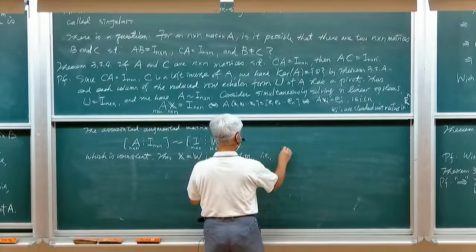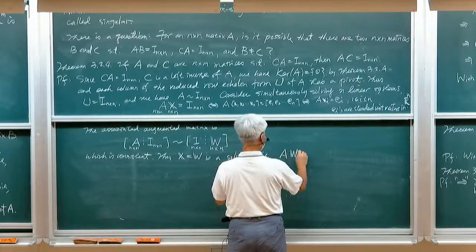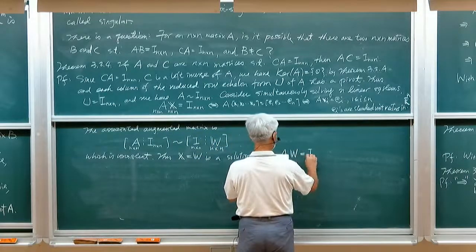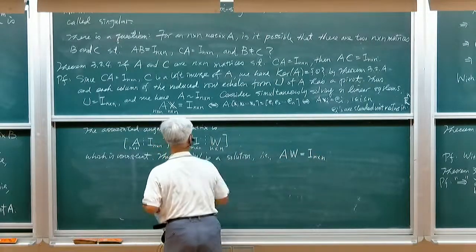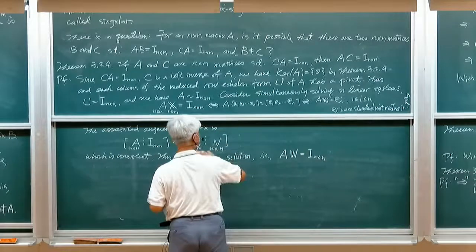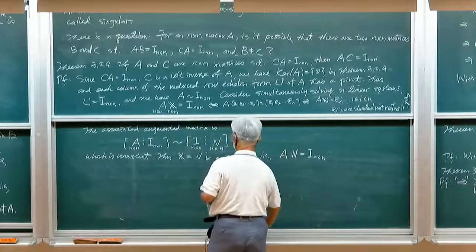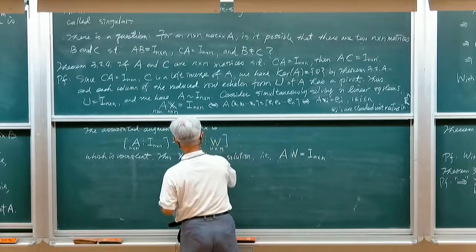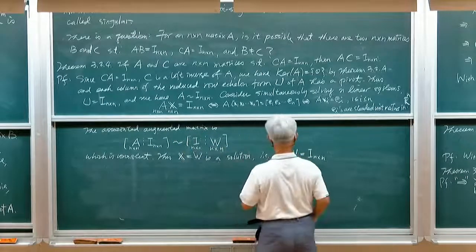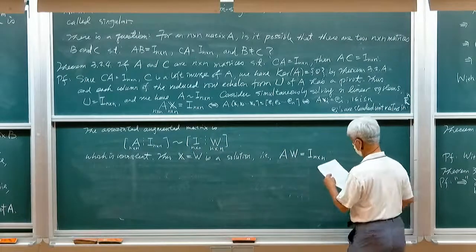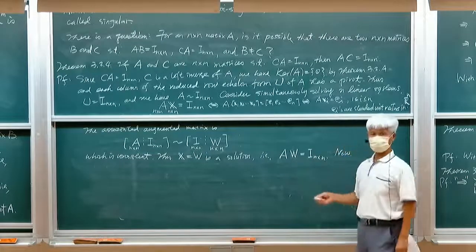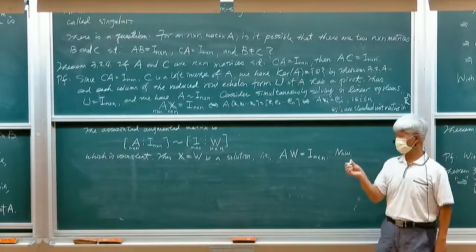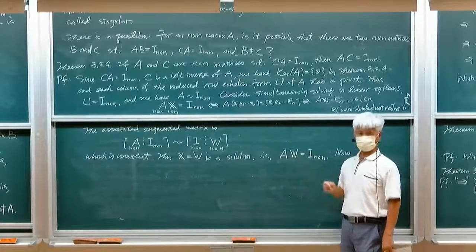All right, so it's AW equal to I, n times n. Now we find a right inverse, right? So W becomes a right inverse of A.